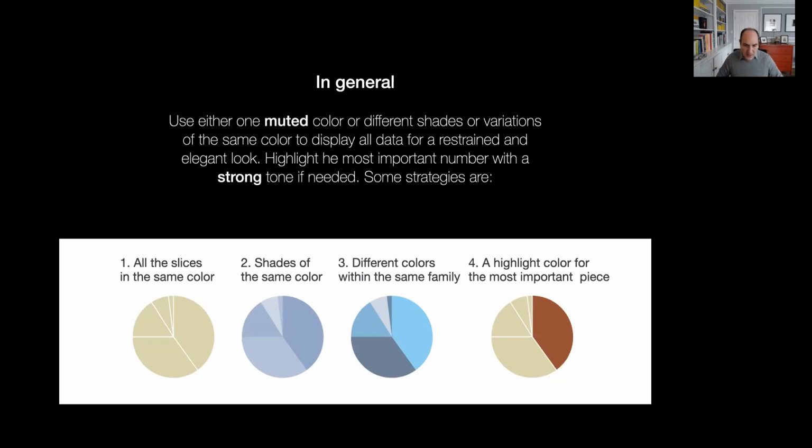For example, for a pie chart, all the slices in the same color. I think that's nice and elegant. Or you can use shades of the same color, colors in the same family, or you can just highlight one with a brighter color. If you have a rainbow of very different colors, in the end people are confused. People stop attaching any meaning to the way you use color.